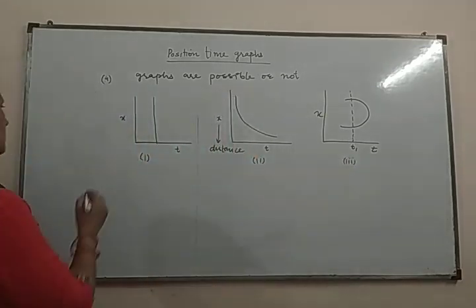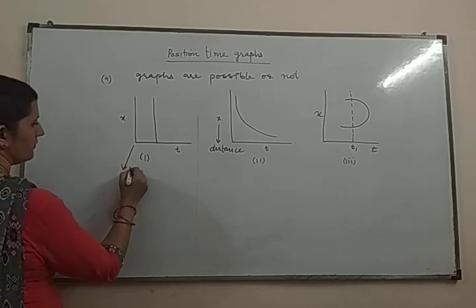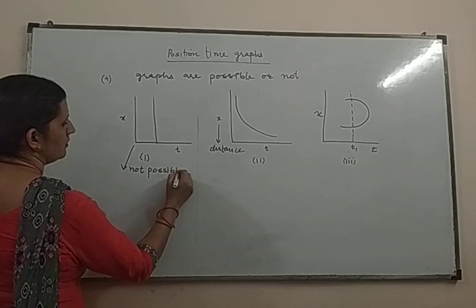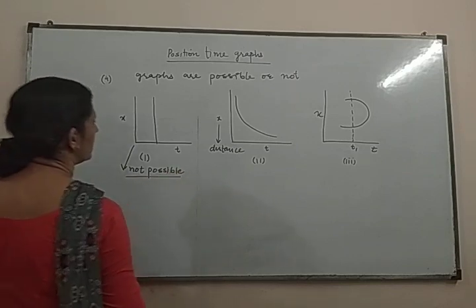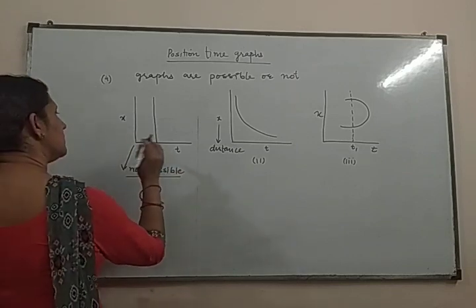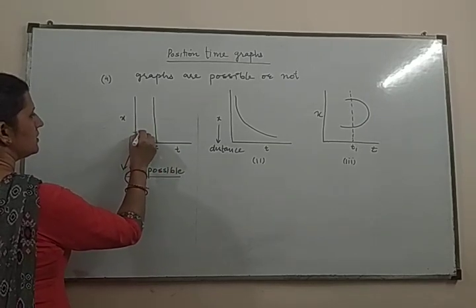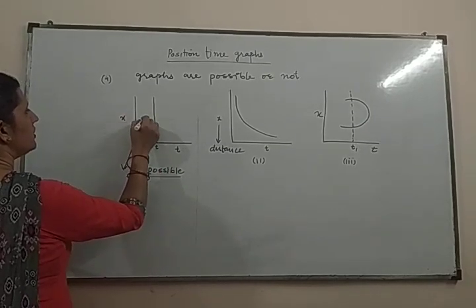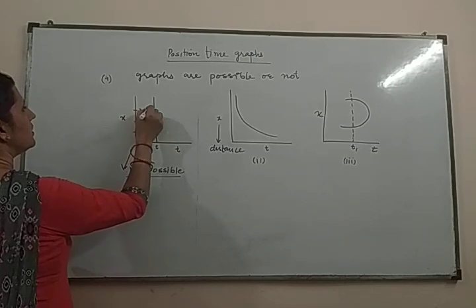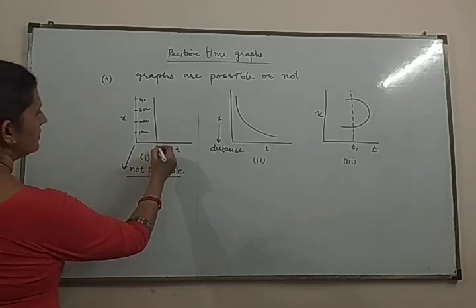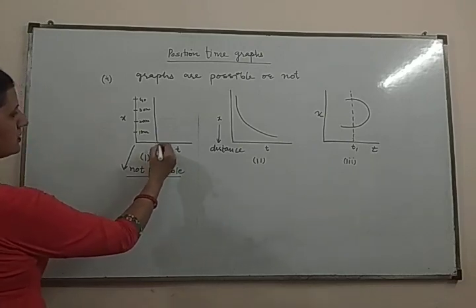In the first case, this graph is not possible. What is the justification behind this? This is showing that time is constant. The distance is 10 meter, 20 meter, 30 meter, 40 meter, but the time t is constant.